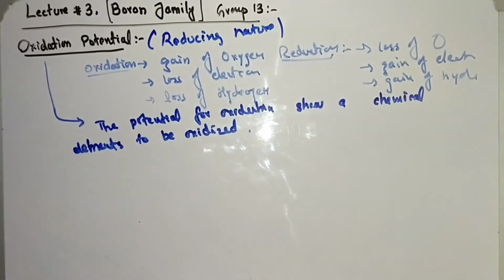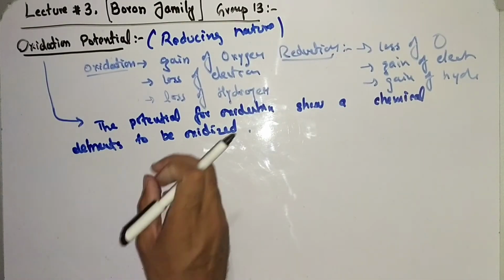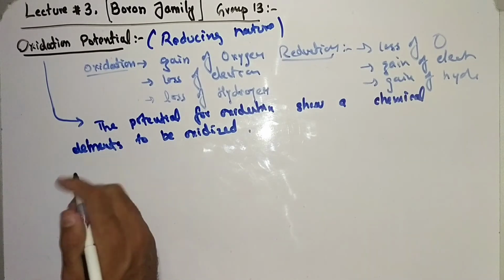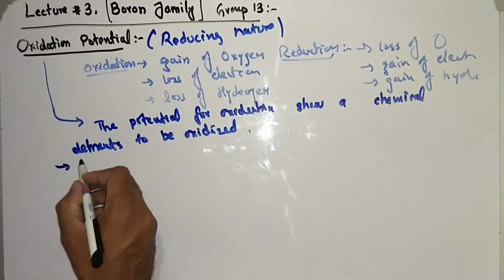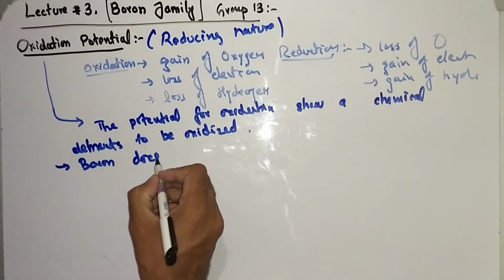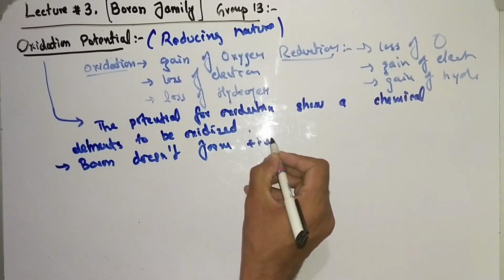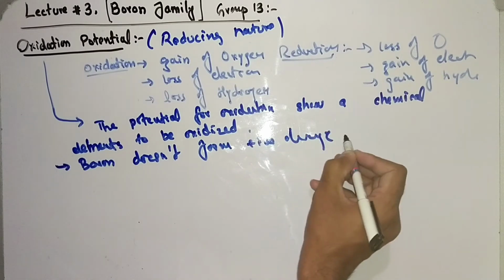because of the oxidation potential. In the boron family, boron doesn't form positive charge in aqueous solution.